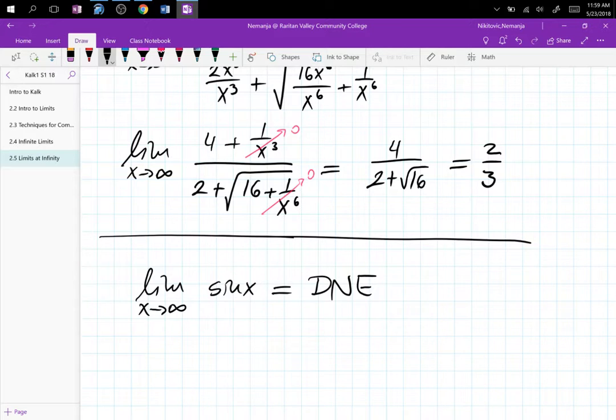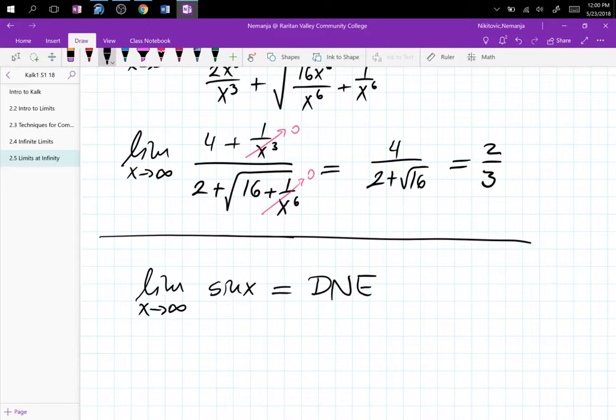Cosine would produce the same. Tangent would produce the same. I mean, all trig functions at infinity, because they are periodic. And that's what is so special about trigonometric functions. They repeat after a period. So limit x goes to infinity of a trig function does not exist.